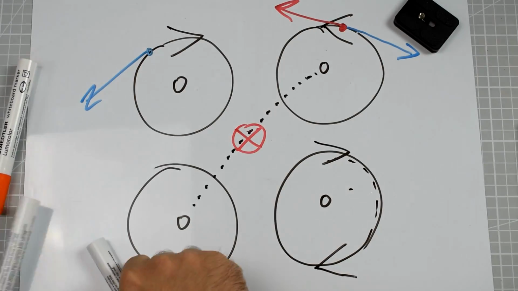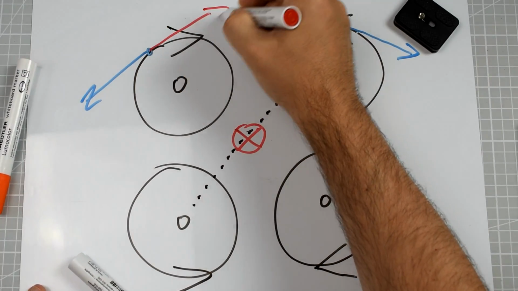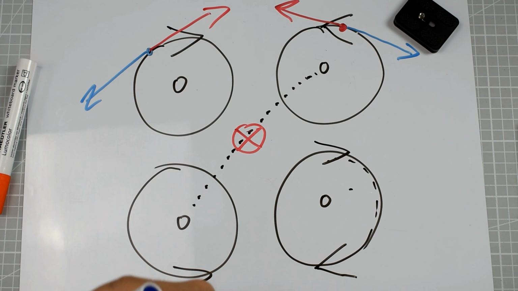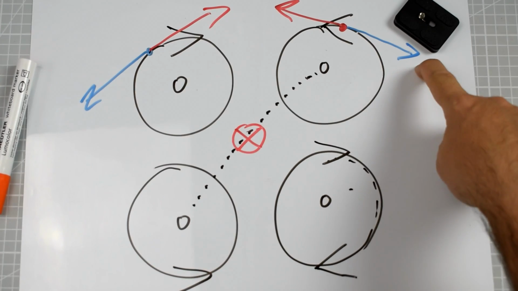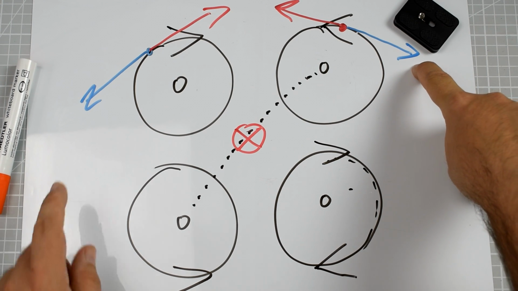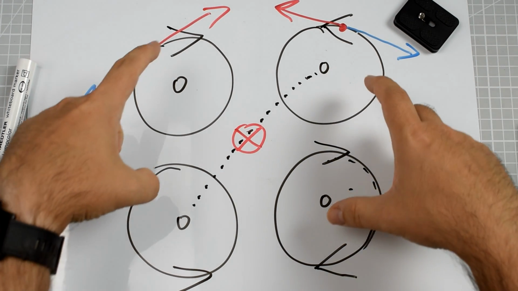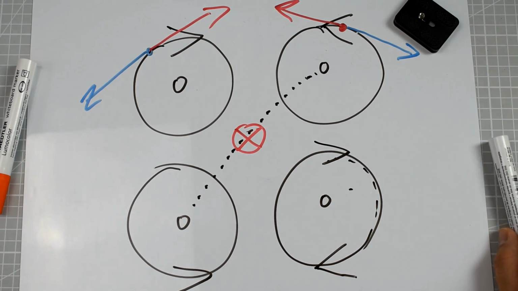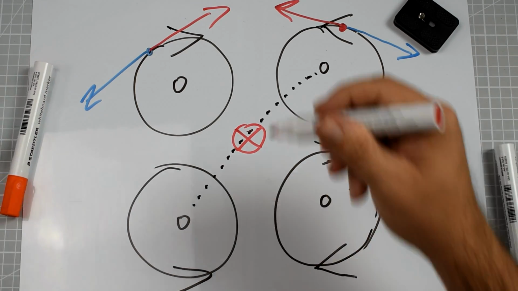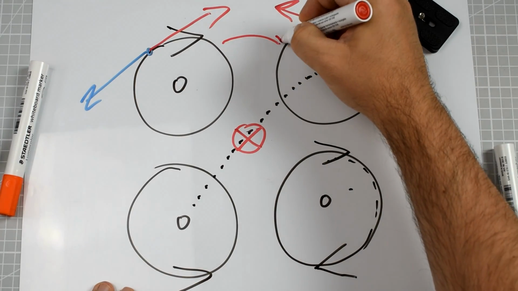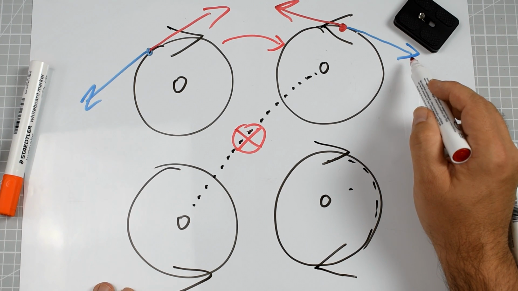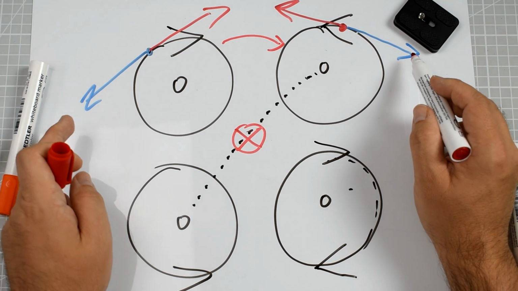Blue is the reactive torque and the red one is the torque used to generate thrust. What happens when this torque vector is higher than this one? Guess what? The whole quad starts to rotate. In which direction? Of course, in this direction, because this torque is higher than this one.